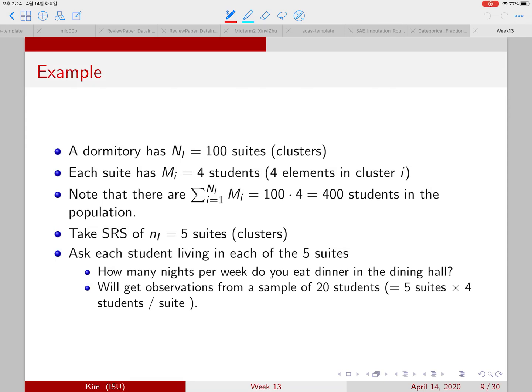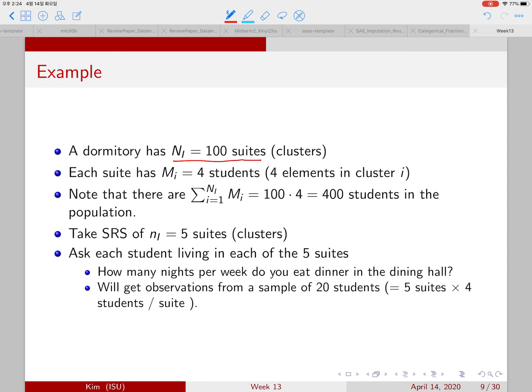Okay, now I'm going to use this example to illustrate cluster sampling. This is an example in the textbook. Suppose that the population is a dormitory with 100 suites, which are basically rooms in the dormitory.